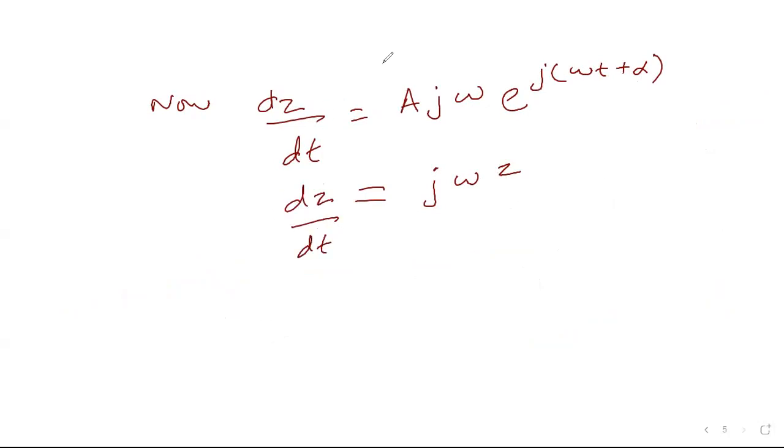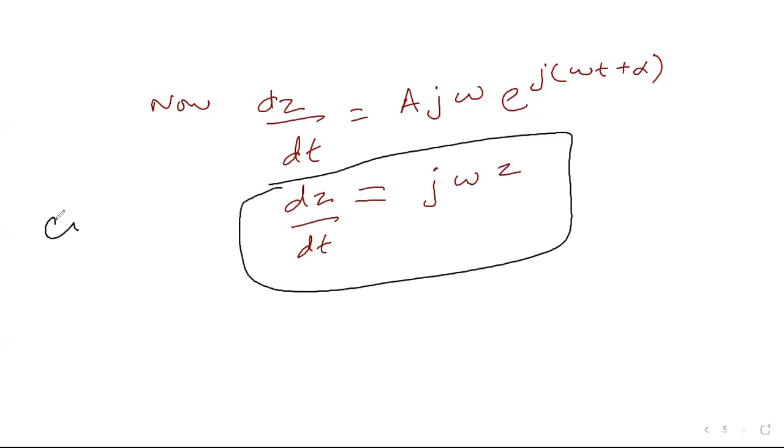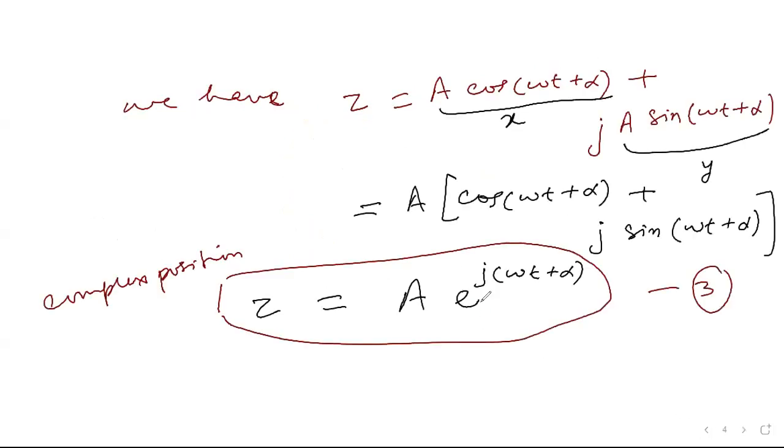This is my complex velocity. We check it. dz by dt is a j omega e raised power j omega t plus alpha. This is j omega z, because a e raised power j omega t plus alpha is just z, as you can see.